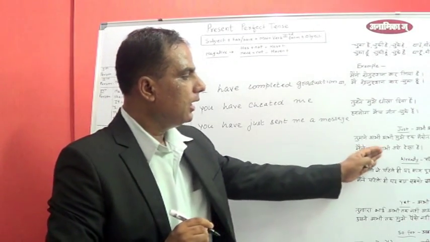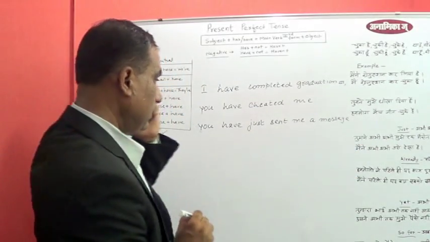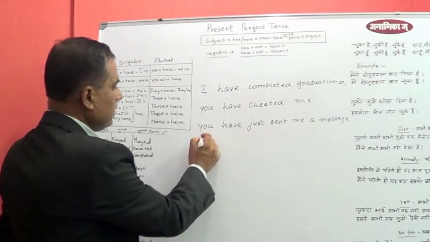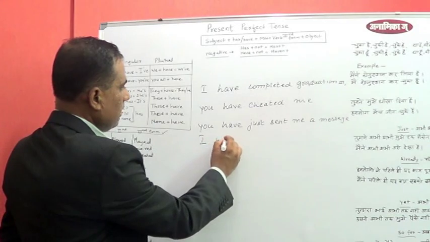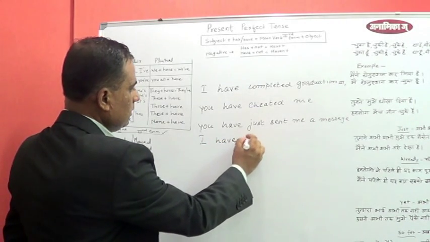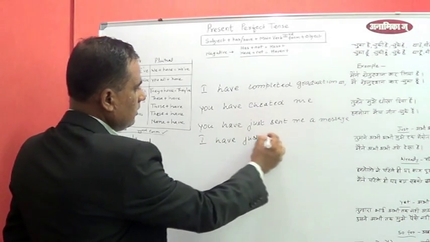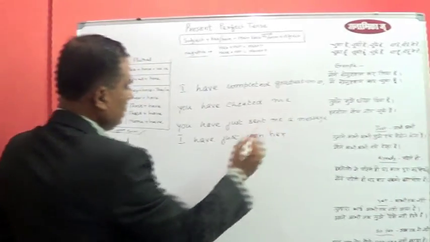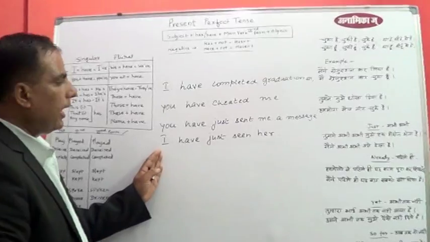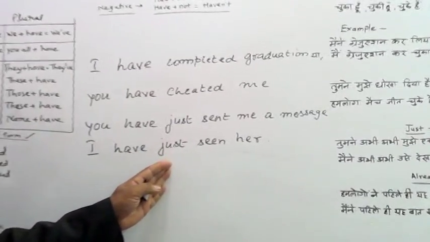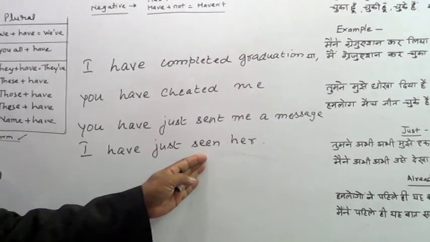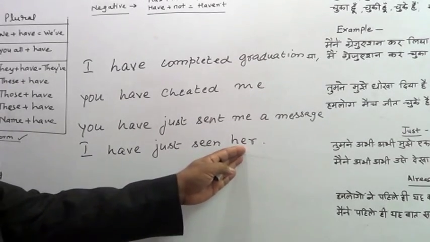मैंने अभी अभी उसे देखा है. Similarly, we can try to frame this sentence. I have just seen her. Started with I, then have, just is equivalent to abhi abhi, and then third form of verb see, which is seen, and then the object.